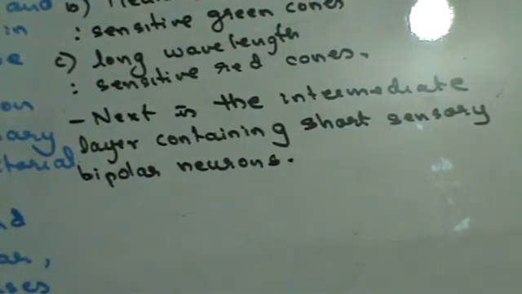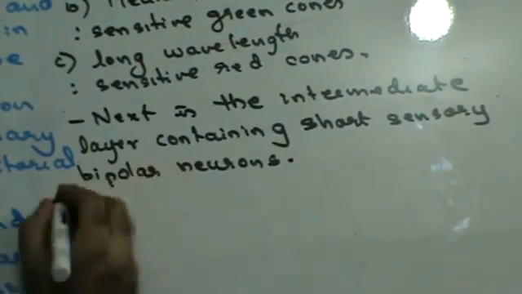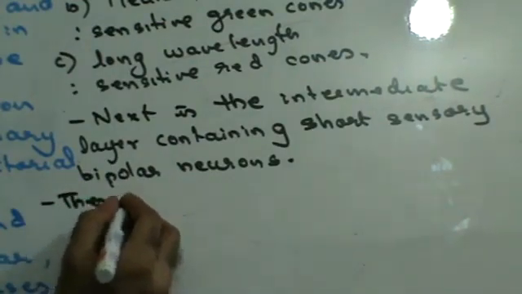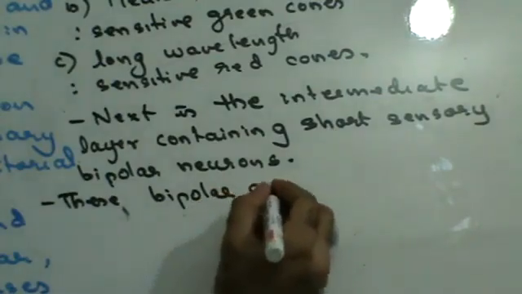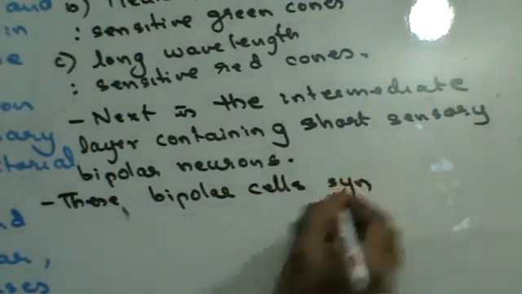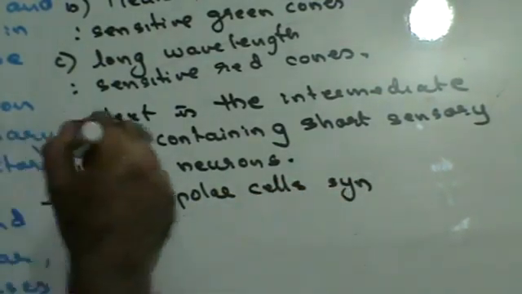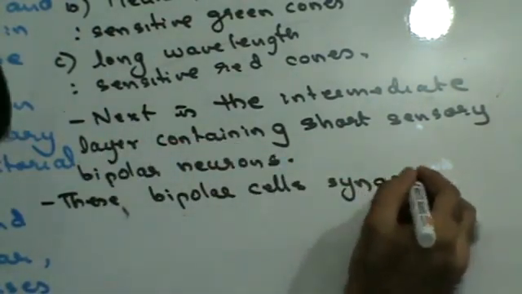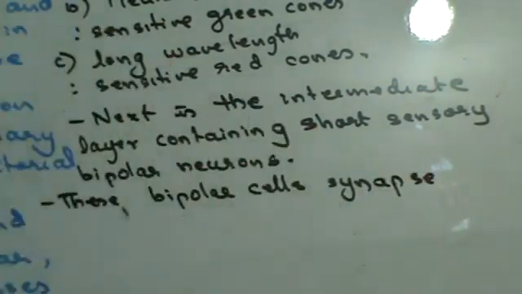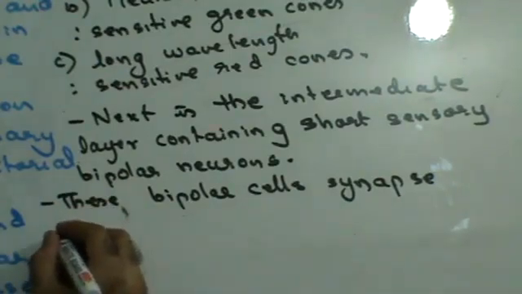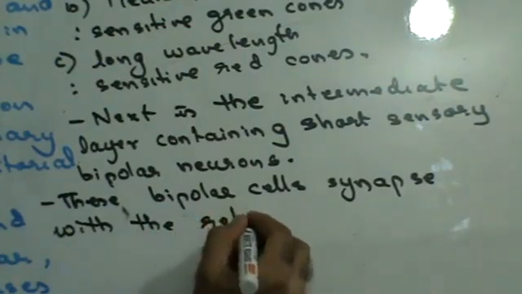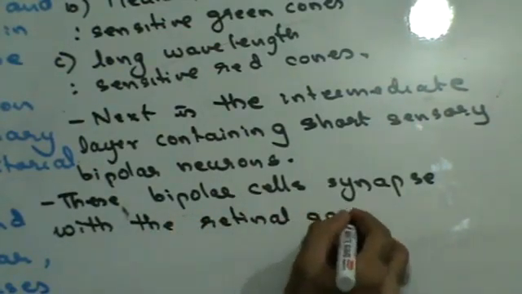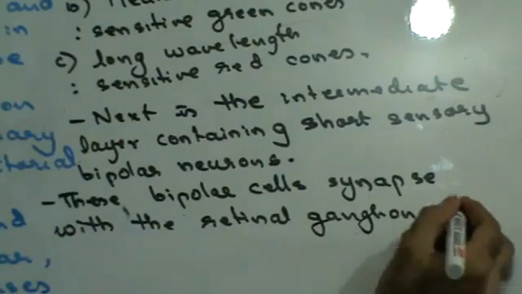Right? What do these neurons do? These bipolar cells synapse with the retinal ganglion cells.